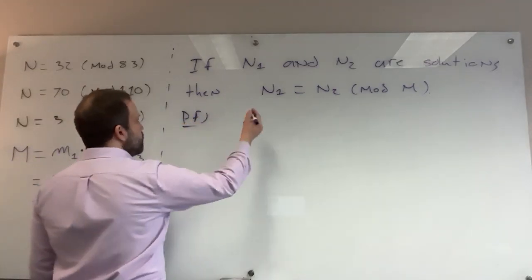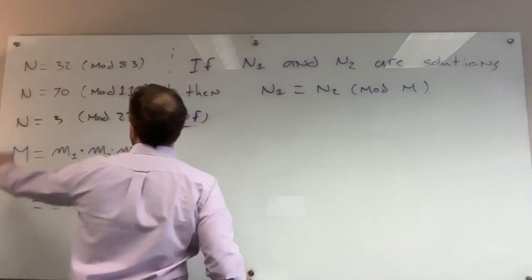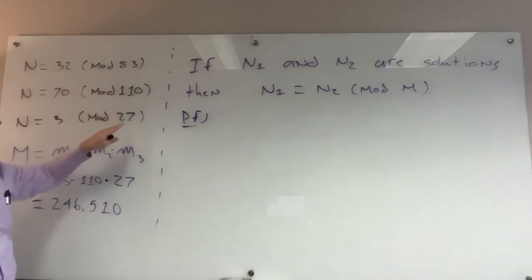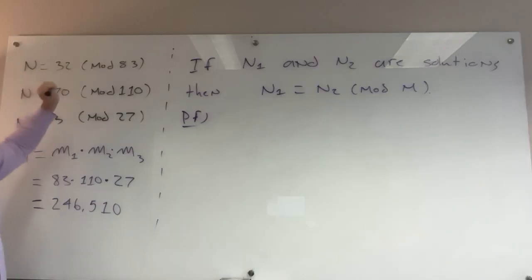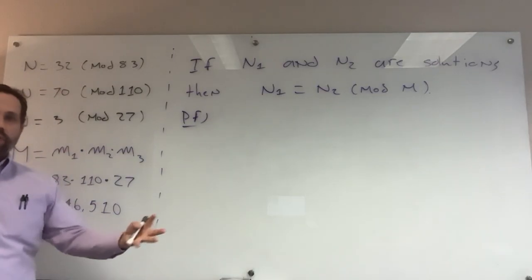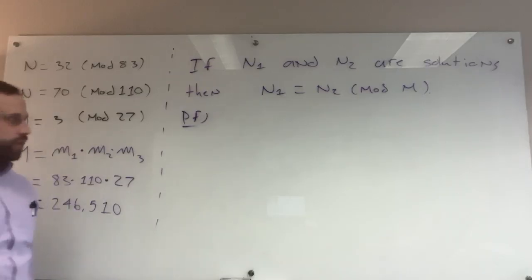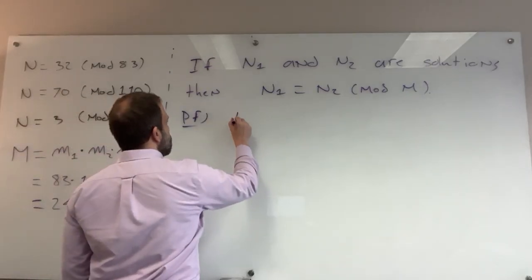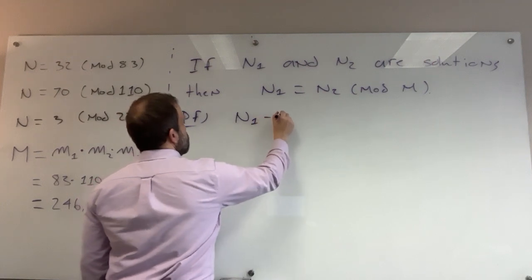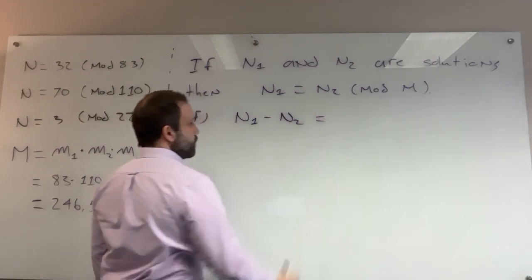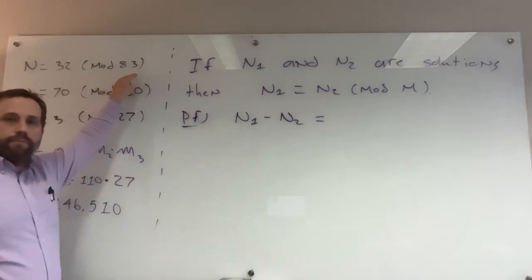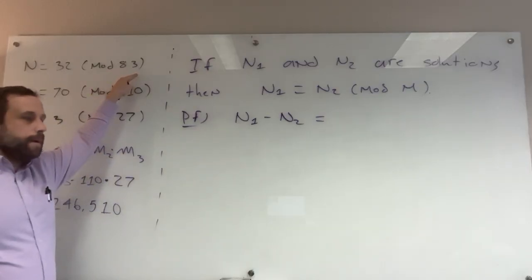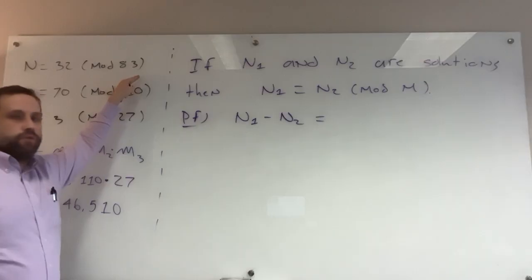First of all, notice that N1 and N2 are congruent mod 83, mod 110, and mod 27, because N1 is equal to 32 mod 83, and N2 is also equal to 32 mod 83. So N1 and N2 are congruent mod 83. Whenever two numbers are congruent modulo a modulus, their difference is a multiple of that modulus.